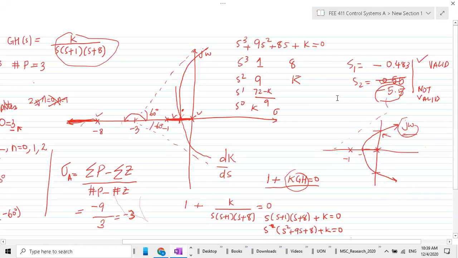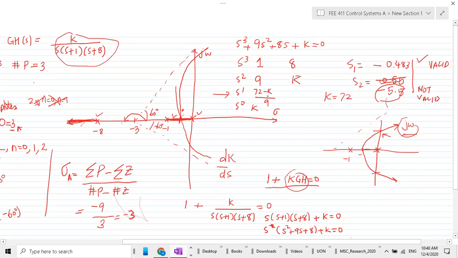Okay, so you remember we said for us to get an intercept at the j omega axis, or to have a marginally stable system, one full row of the Routh-Hurwitz table equals 0. So for us to have a row in this table equal to 0, k here needs to be 72.